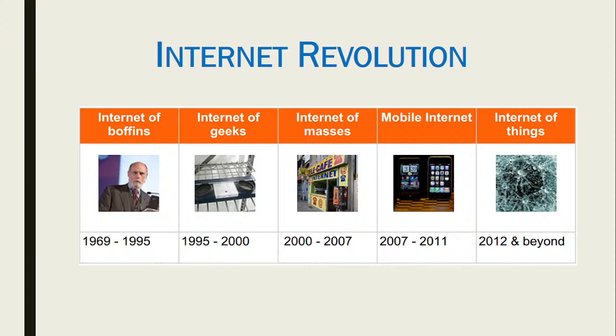ARPANET was exclusive to these researchers. Only government officials, defense research teams, and researchers from certain universities were able to access the internet at that time. So that was a closed internet.